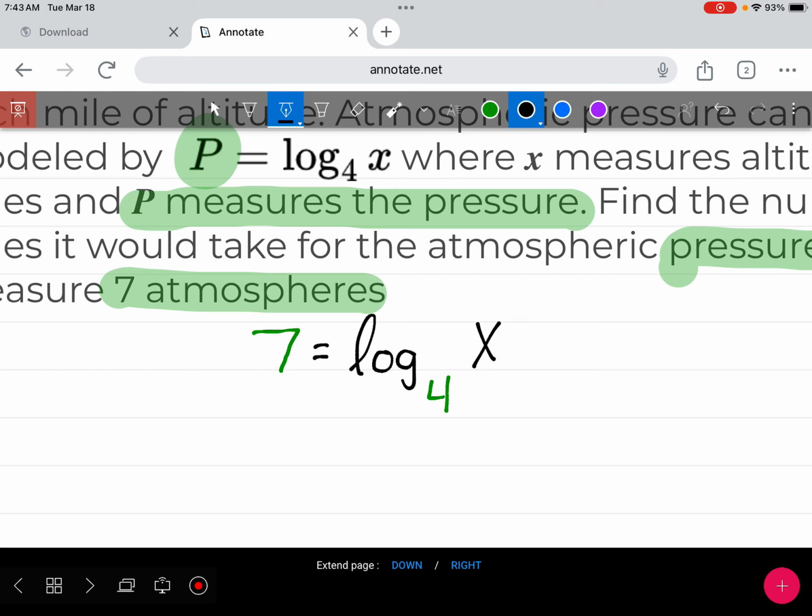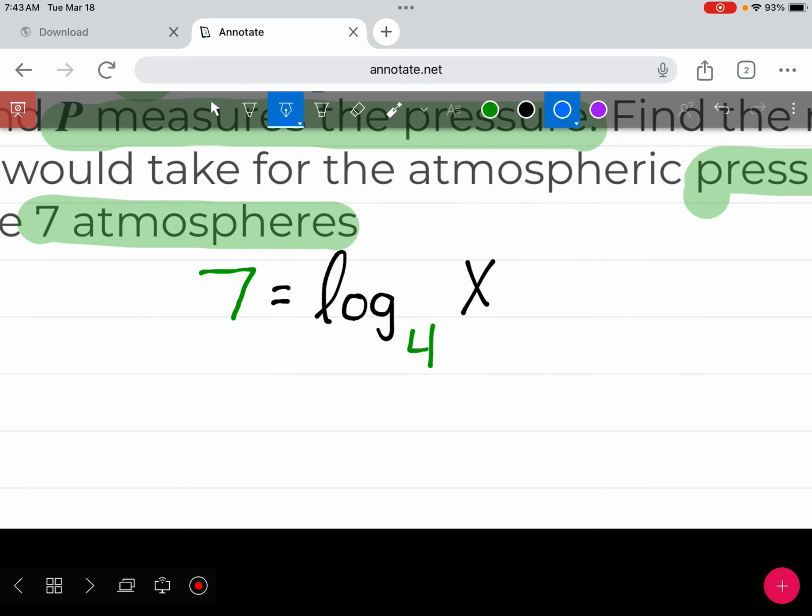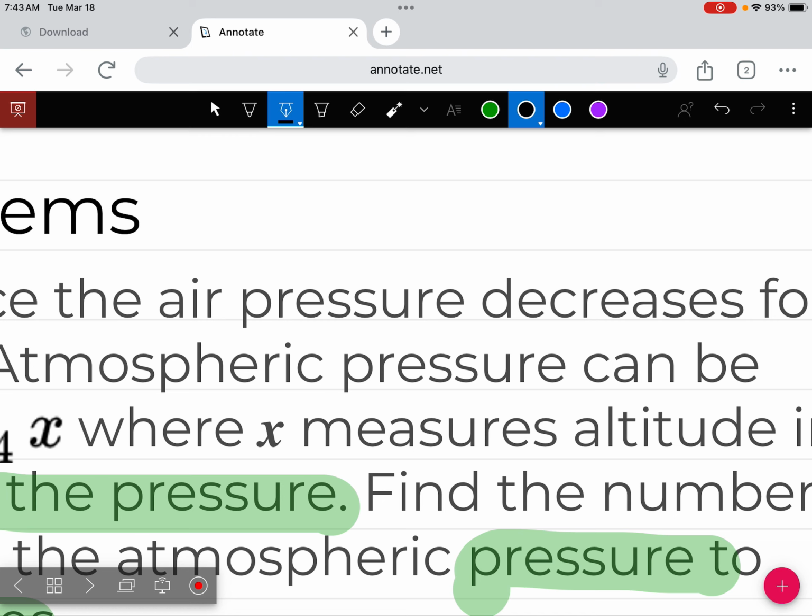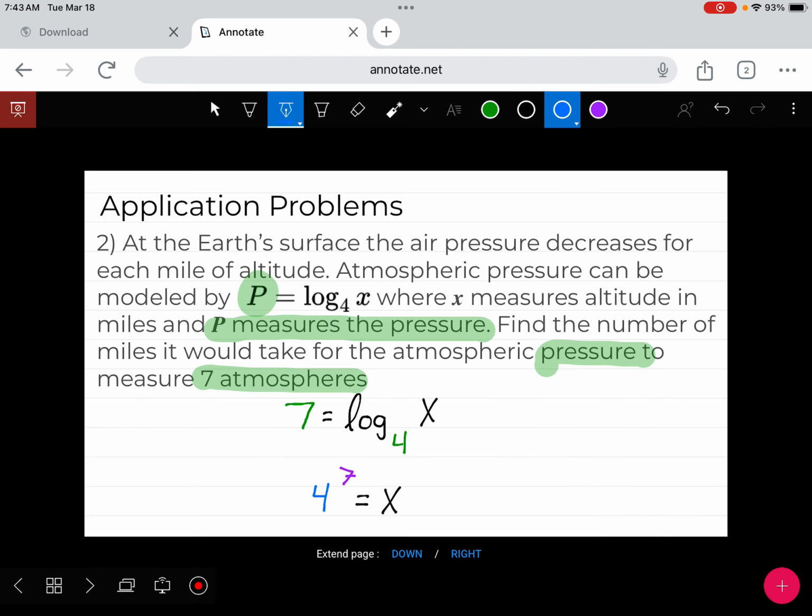How do we find x? What do we do? My base of 4. Yes. Our power is 7. And that's going to equal our x. So we're switching things around using that base-power-answer log form.